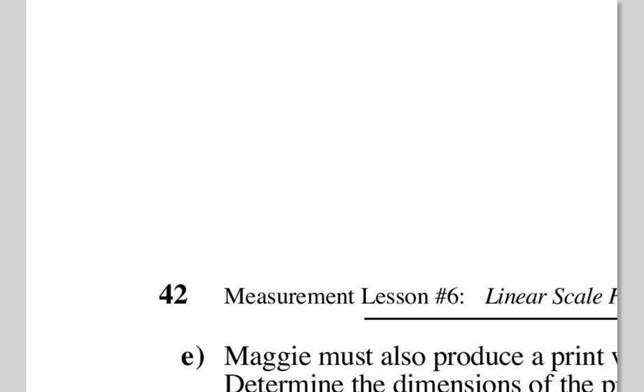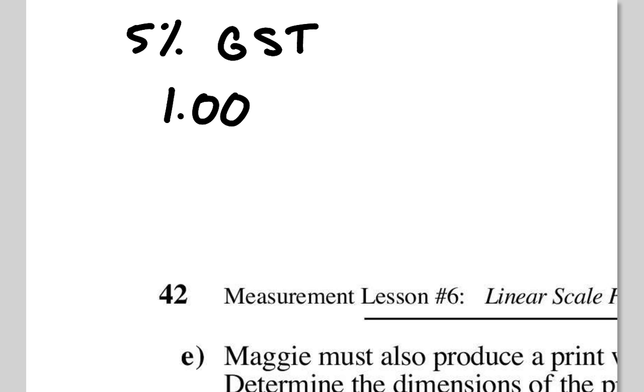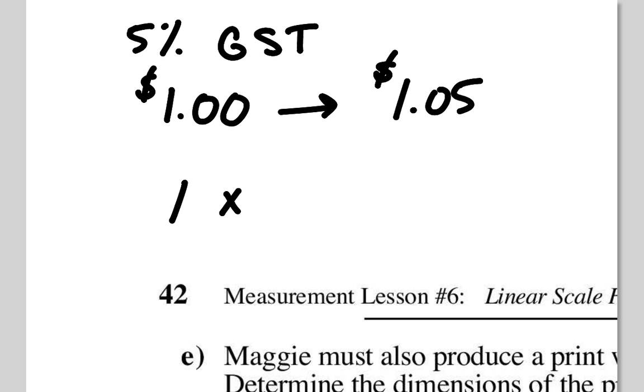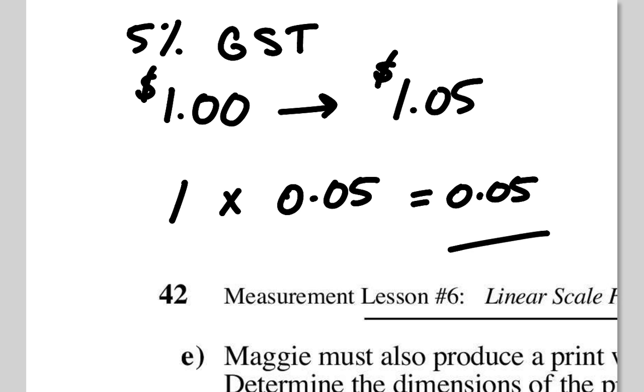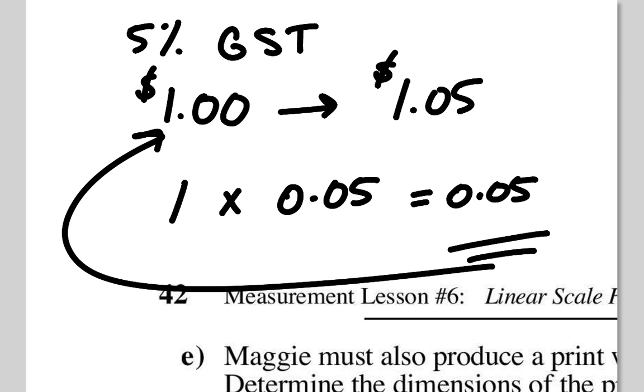I just wanted to talk about, just for a quick second, 5% GST. You go to 7-Eleven, you buy $1's worth of 5-cent candies. Your bill's $1, but what do you pay the cashier? $1.05. If you did 1 times 5% as a decimal, you would get 5 cents. That's what you have to pay on top of the dollar.